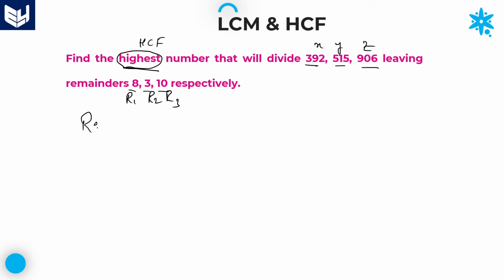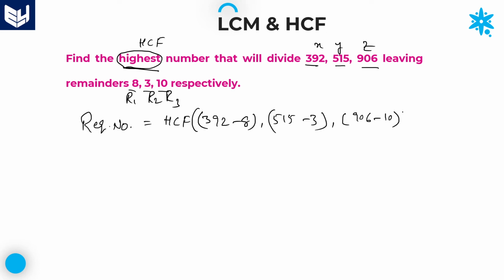So the required number is the same as the previous one, which is equal to the HCF of x minus r1, and so on. Here, 392 minus 8, 515 minus 3, and 906 minus 10. Therefore, the first number becomes 384, the second number 512, and the third number 896.